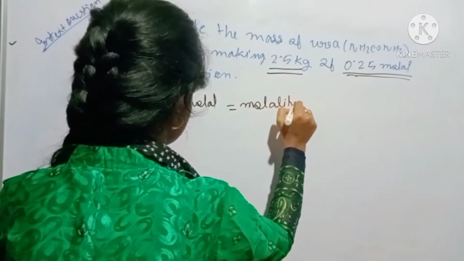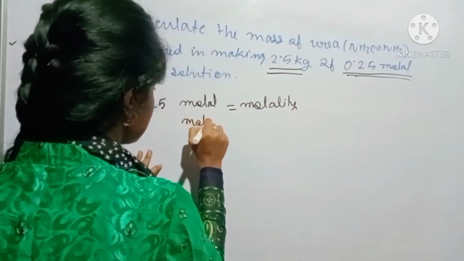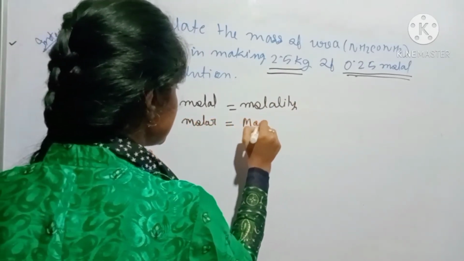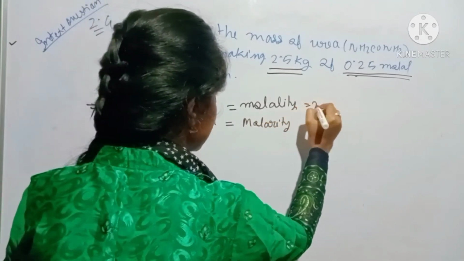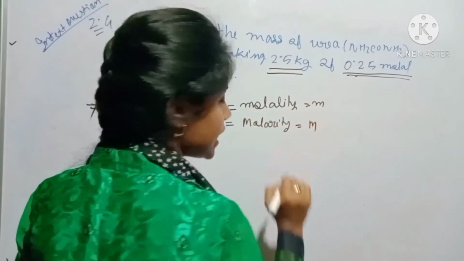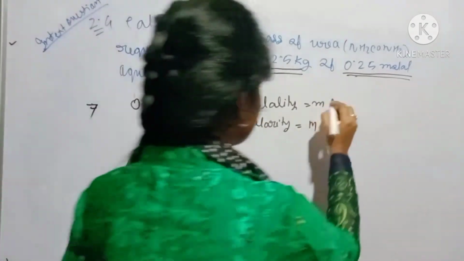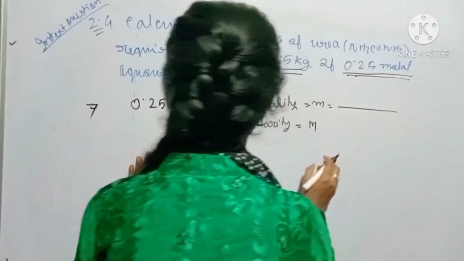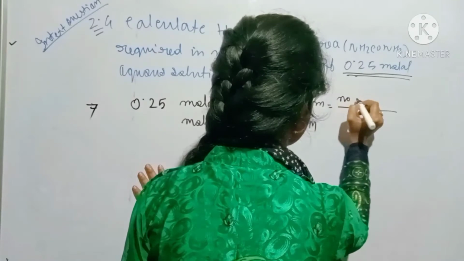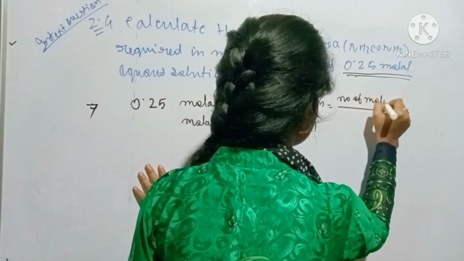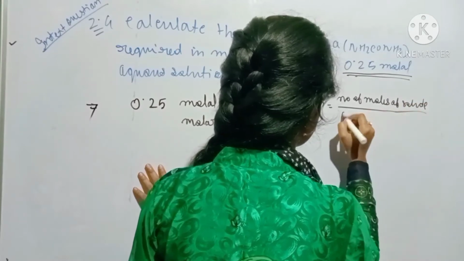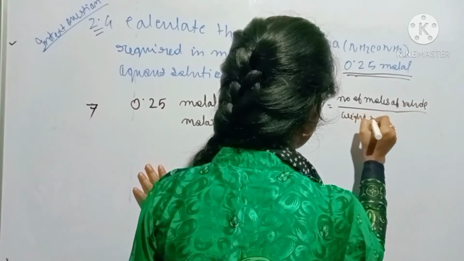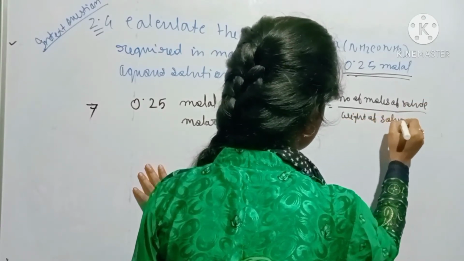If it's small m, it means molality, and capital M means molarity. Molality is defined as the number of moles of solute divided by the weight of solvent, not solution.